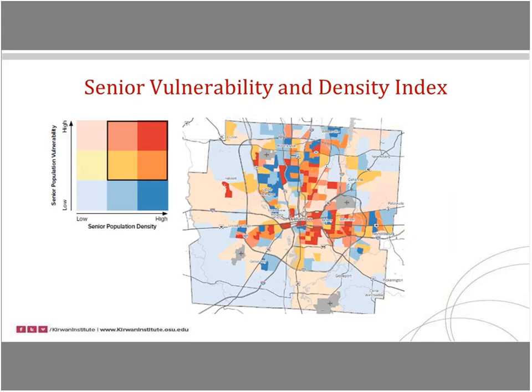If you go catty corner and look at red, it means there's a high density of seniors and their vulnerability level is very high, which means barriers to access of care, reliance on Medicaid, and needing family support. And if we look in that same corridor, we see more red than in any other part of the city.